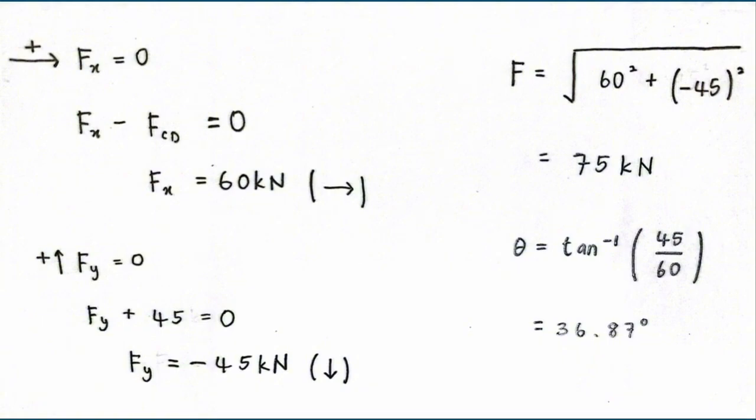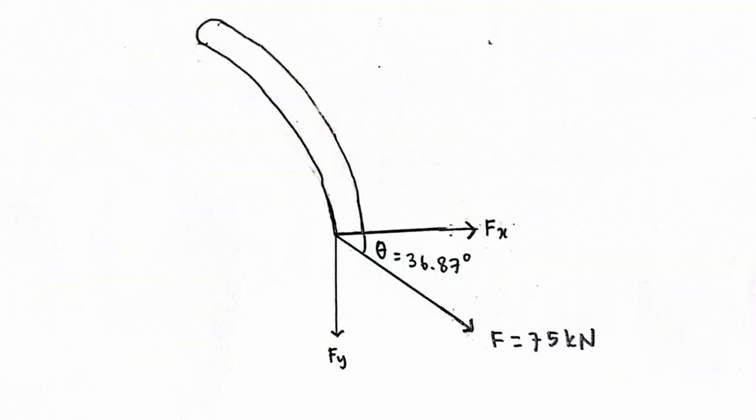And then we need to find the angle of force F. The formula is tan inverse of Fy over Fx. Fy is 45 and Fx is 16, and the answer is 36.87. So this is the direction of F.